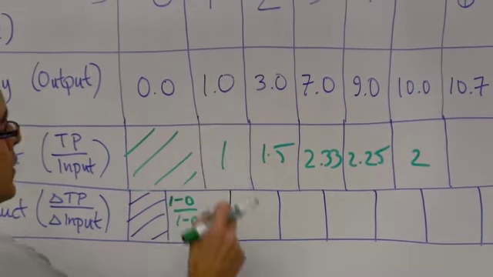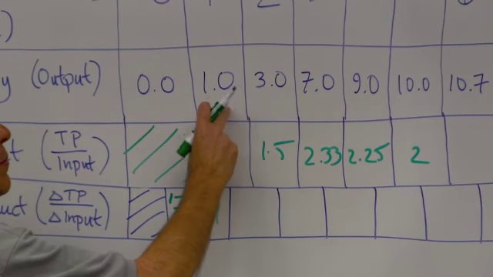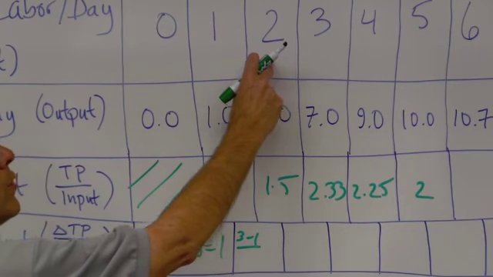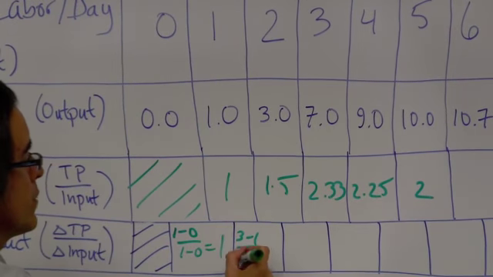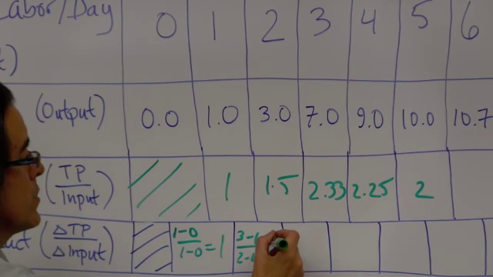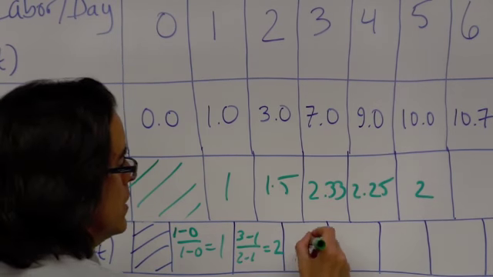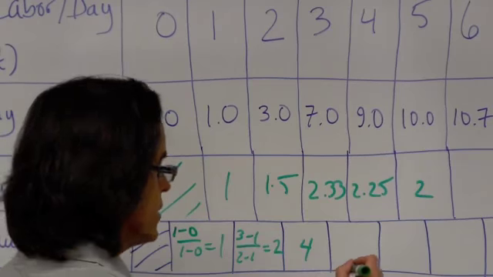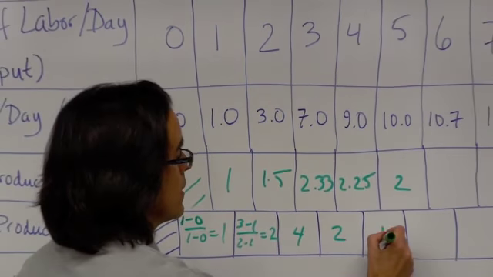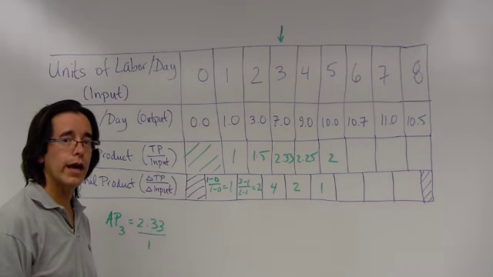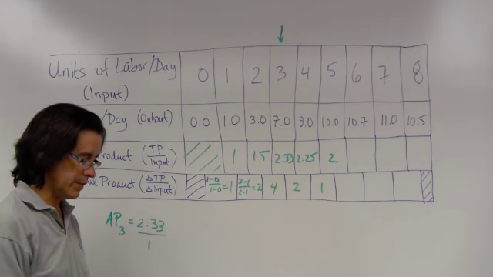We move on to the next one. 3 jackets minus 1 jacket, divided by 2 units of labor minus 1 unit of labor, gives us 2. We could just continue on with those calculations, and I'll put in the next couple of numbers, and again, you can go ahead and fill in the rest of the cells.